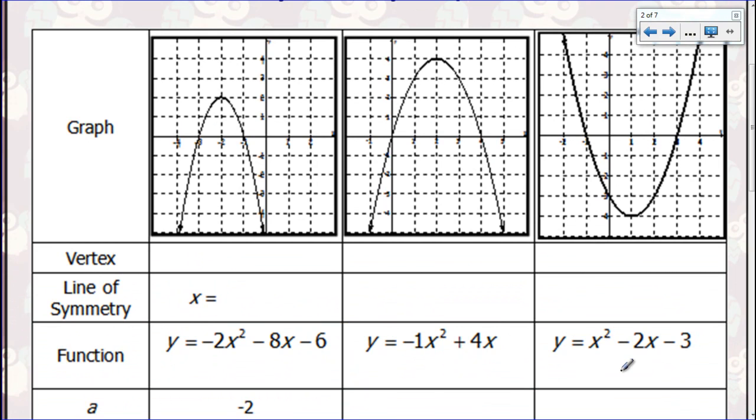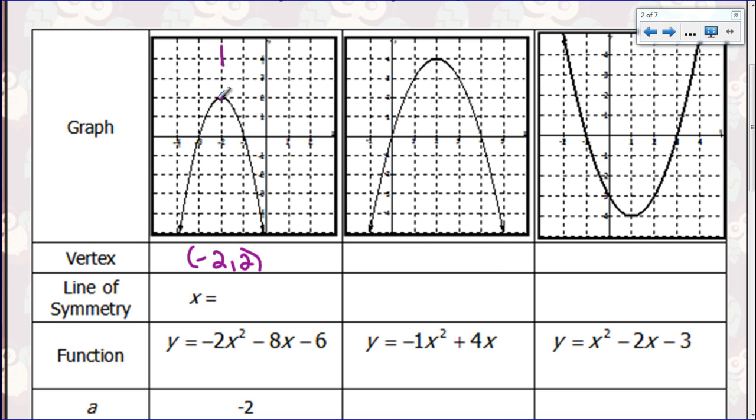This is set up to be an exploration for you to do a couple of things and walk through this. I'm going to give you the formula and we're going to use it. You can go walk through the table as we need to, but this first graph right here, the first thing it asks for is the vertex. Well, the vertex is up here at the top at -2, 2. That's its ordered pair. The line of symmetry is the line that cuts this in half.